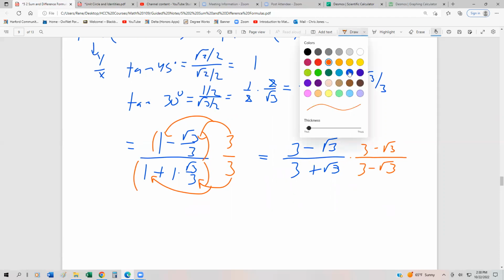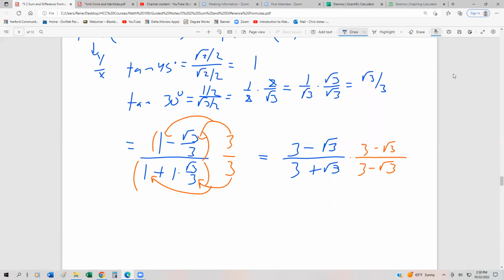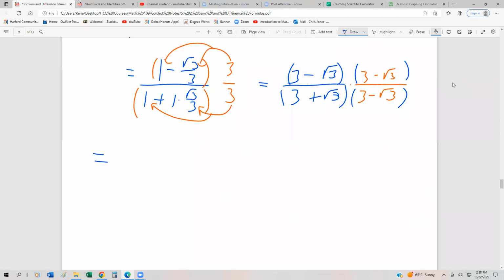Okay, so I'm going to have to multiply through by that. And so if I do so, now this becomes 2 FOIL problems. I'm going to have to FOIL the top and FOIL the denominator. If I do that, 3 times 3, 9. 3 times negative root 3 is negative 3 roots of 3. Negative root 3 times 3 is another 3 roots of 3.